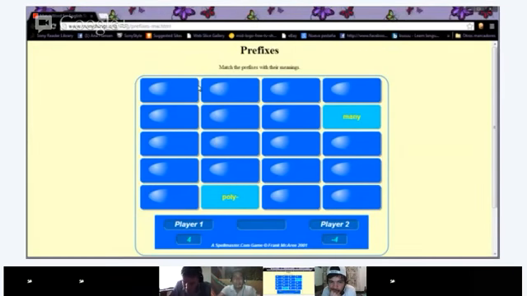Column 1, row 1. Okay, so this one right here. And row number 2, in the same column. Column 1. Okay.